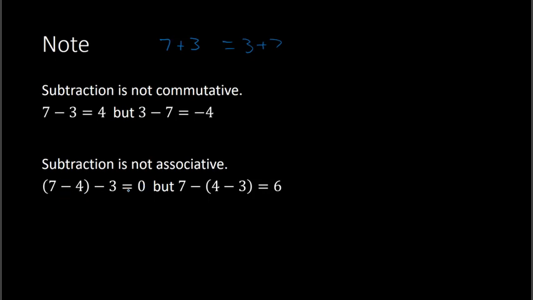But here, if I group together the 4 and the 3 instead of the 7 and 4, we now have 7 minus, and then parentheses 4 minus 3 here would be 1. So 7 minus 1 would equal 6. So notice the grouping does make a difference. Here we have 0, here we have 6. So subtraction is neither commutative nor is it associative.